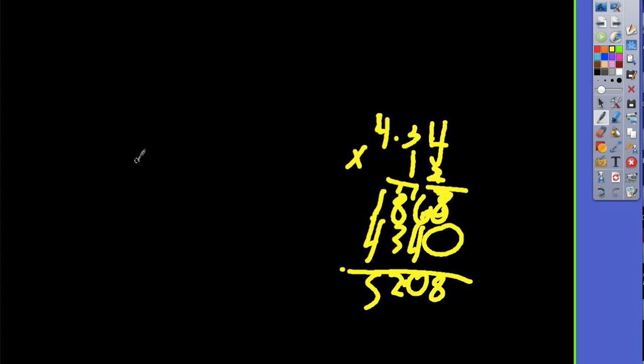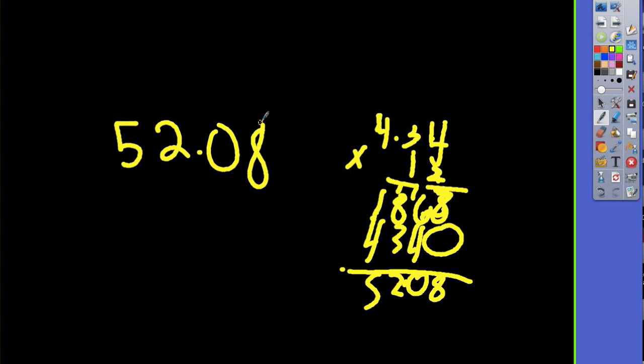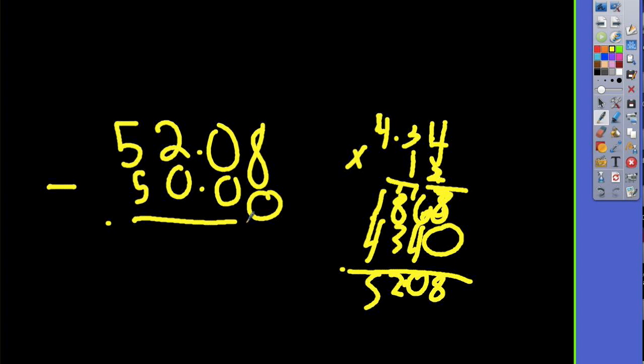I'm going to subtract 52.08 minus 50. You bring the 8 down because the 8's on the top.